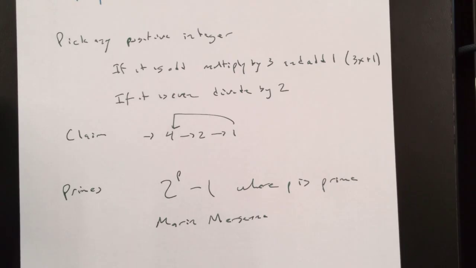That's prime. 3 is prime. 2 to the third minus 1, that's 7. It's also prime. 5 is prime. 2 to the fifth is 32. 32 minus 1 is 31. That's prime.